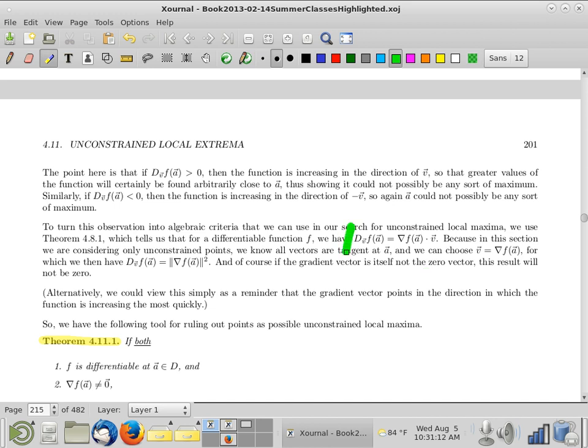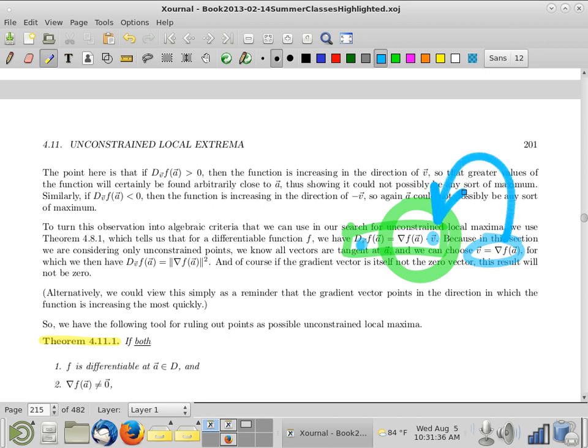Don't forget, this is how we compute directional derivatives. I need to find any vector v that makes this directional derivative non-zero. And a pretty reasonable choice to make is just choose the gradient vector, because then look what happens.